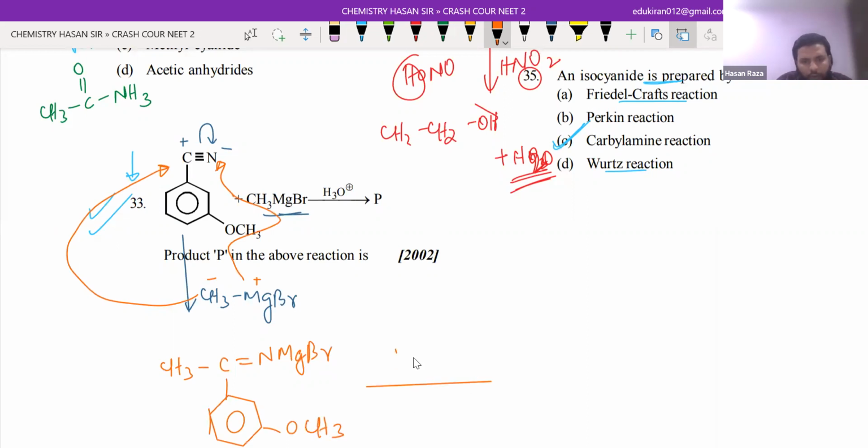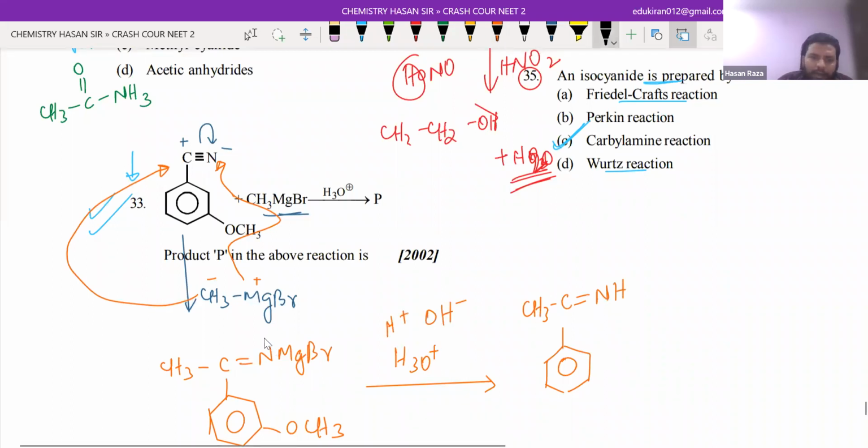After this, if you do the hydrolysis, you know that this will be directly converted into imine like this. You can see this is your CH3 and then this is your C, double bond NH. Basically, you have H plus and OH minus, and you know that this nitrogen has negative and this has positive. So this will go with this and it will form this, and OH will go with this MgOH.